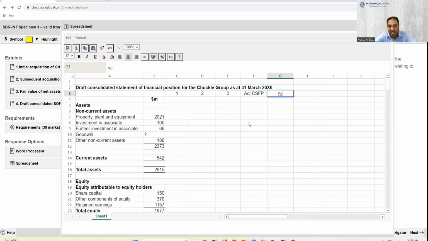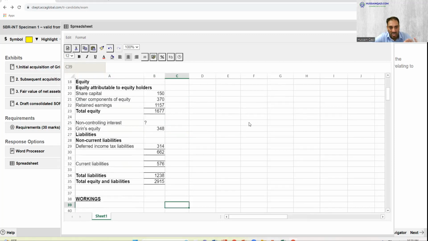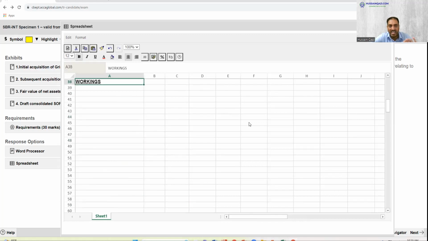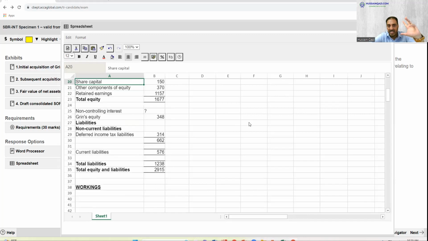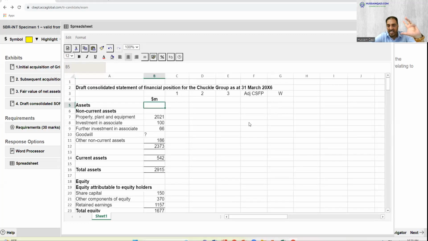And I strongly suggest one column for the reference of the working. Here you have to mention the working. For example, if you are calculating goodwill, the goodwill calculation you have to work out here. Let's suppose goodwill or investment in associate, you have to work out here, mentioning working 1, working 2, 3, 4, and incorporate the numbers here.